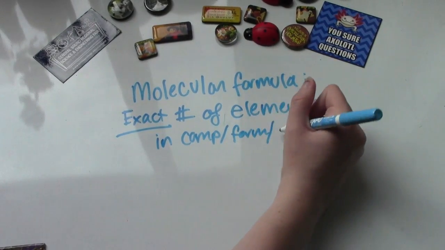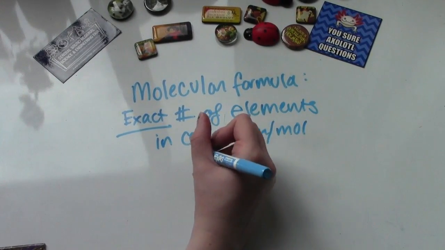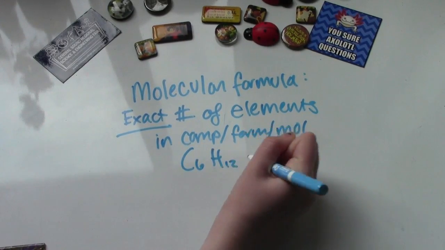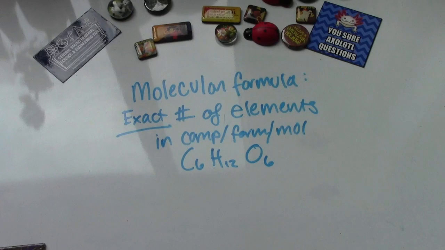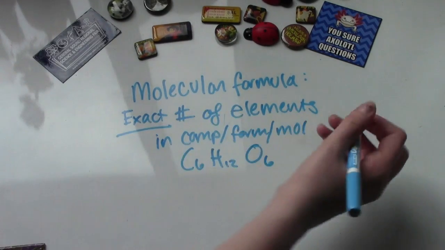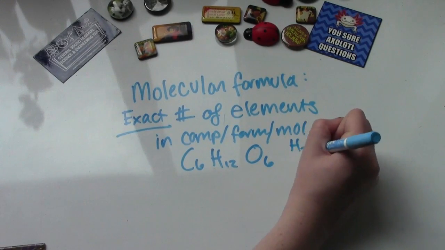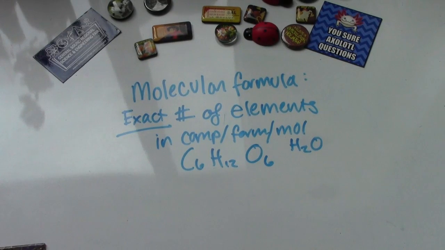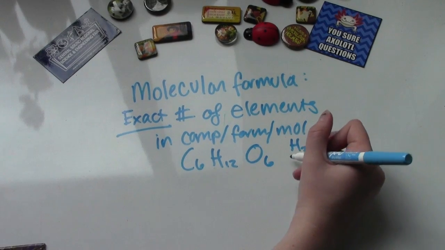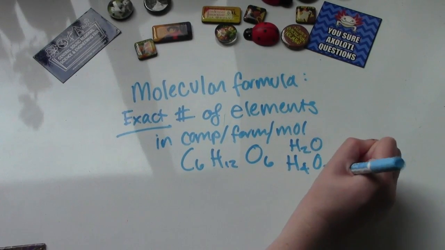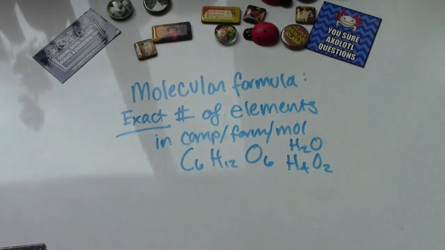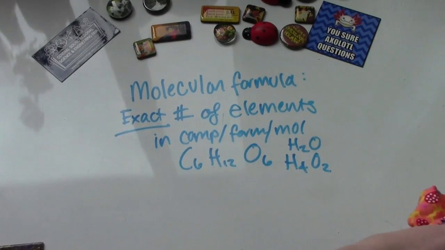So that would be, regarding our last example, our C6H12O6. If we were working with H2O, that could be our molecular formula, but we might experimentally determine that like H4O2 was burned off or something like that. I don't even know if that's a thing. But that's kind of how empirical and molecular formulas work together.